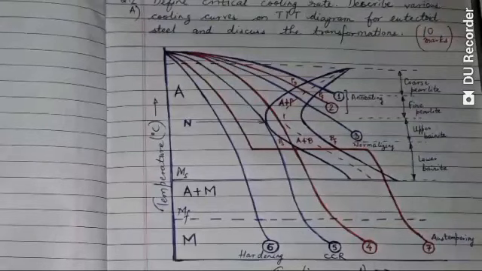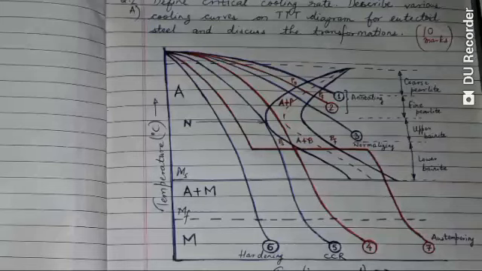So as you can see here, different processes have been shown: annealing, normalizing, and then austempering. And at various temperature or cooling rate, pearlite and bainite can be formed, and at certain particular cooling rate you can have coarse pearlite, in these temperature ranges, fine pearlite, upper bainite and lower bainite.